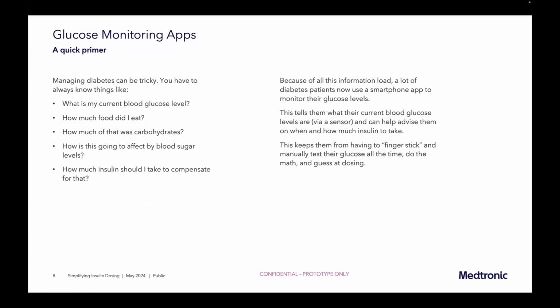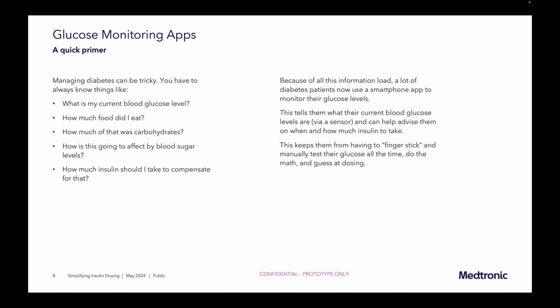So as far as managing diabetes goes, there's a lot of stuff that people have to know, like, what did I eat? How much is that in carbohydrates? How is that going to affect my blood sugar? That kind of stuff. And so the previous state anyway of that situation is you have to stick your finger, take a blood draw, test it.